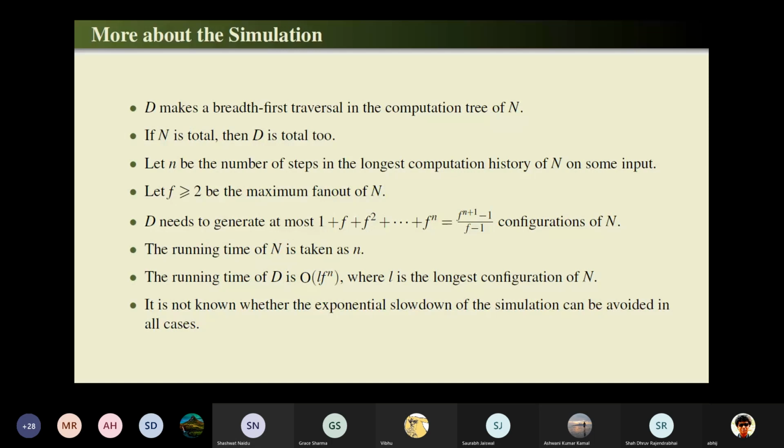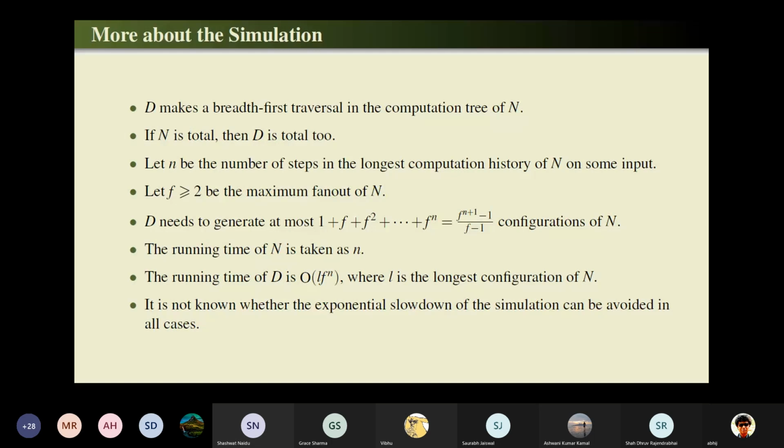So f squared in the second level, f cubed in the third level, and up to the nth level, it will be f power n. So how many nodes? 1 plus f plus f squared up to f power n, which, assuming that f is a constant, is essentially big O of f power n.